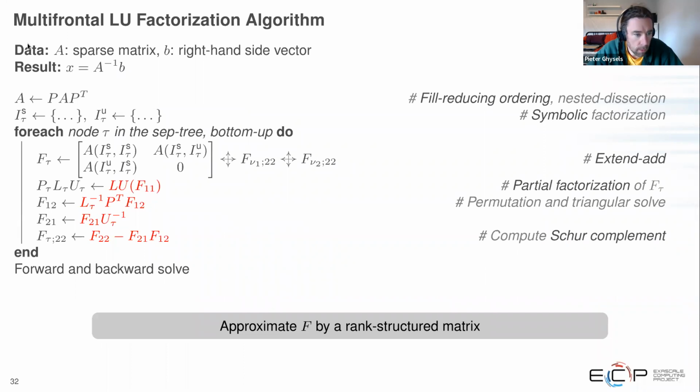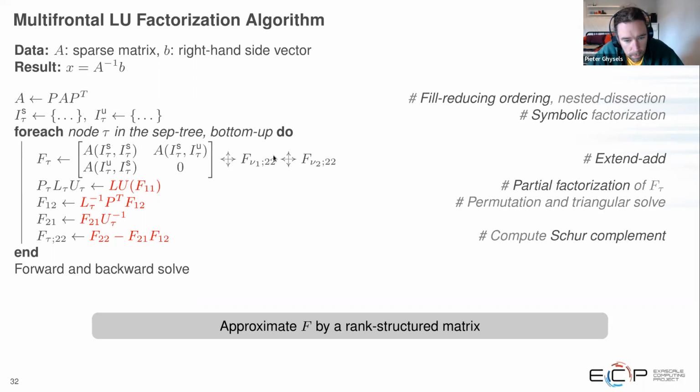Very briefly, here is the algorithm. We do some pre-processing and compute this ordering. This P matrix is the ordering defined by the nested dissection algorithm. Then we loop over each node in the separator tree from the bottom to the top. First, we construct this dense matrix in the node of the tree, which has contributions from the original sparse matrix, and this operation denotes a scatter operation.